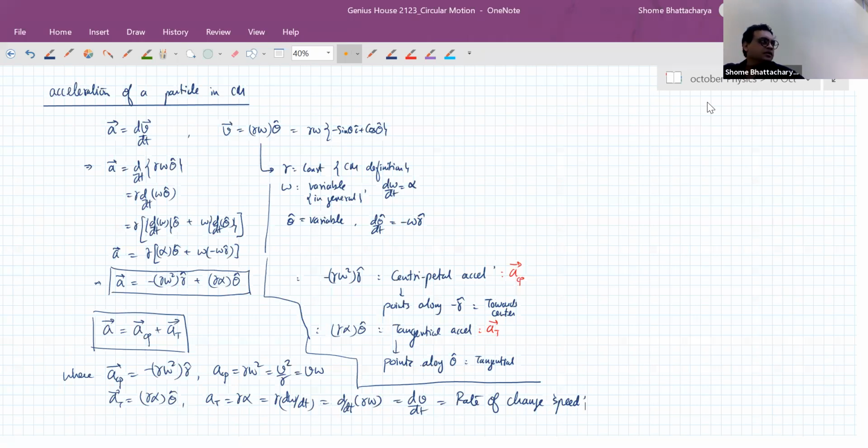The minute hand completes one full rotation in how much time? 60 minutes, 3600 seconds. One rotation is 2 pi radians, so 2 pi divided by 3600 in radians per second. Now if it says the minute hand's length is, let's say, 10 centimeters, what is the centripetal acceleration of the tip?